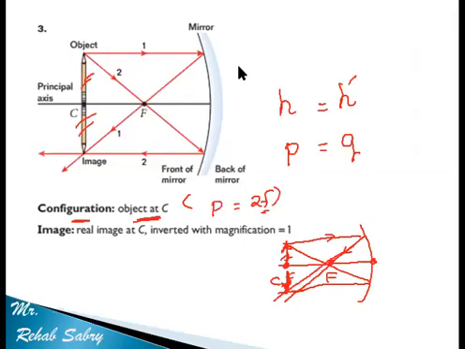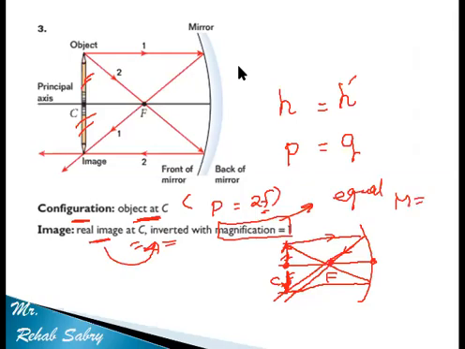It's a real image because it's formed from the rays themselves, at C, and inverted because it is real. Magnification equals 1, because magnification is the size of the image divided by the size of the object, so they are equal.